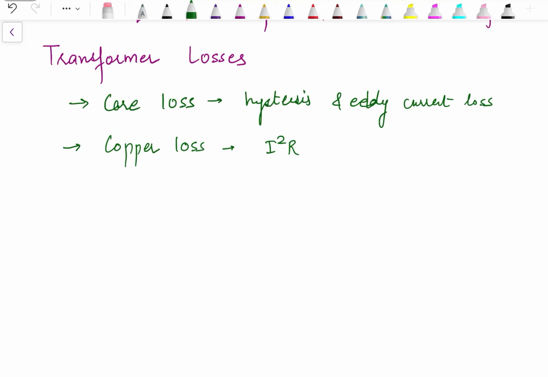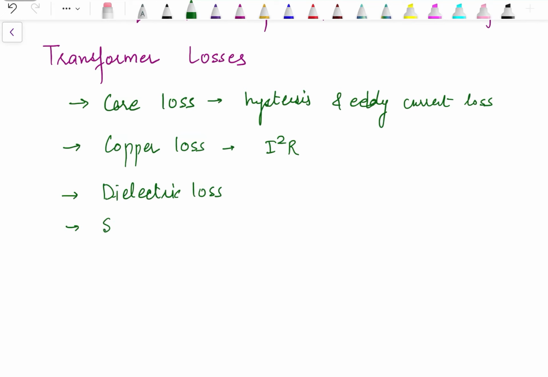Then we have dielectric loss. Dielectric loss is the loss which occurs in the insulation, but these losses are actually negligible, so we will not consider them in detail.